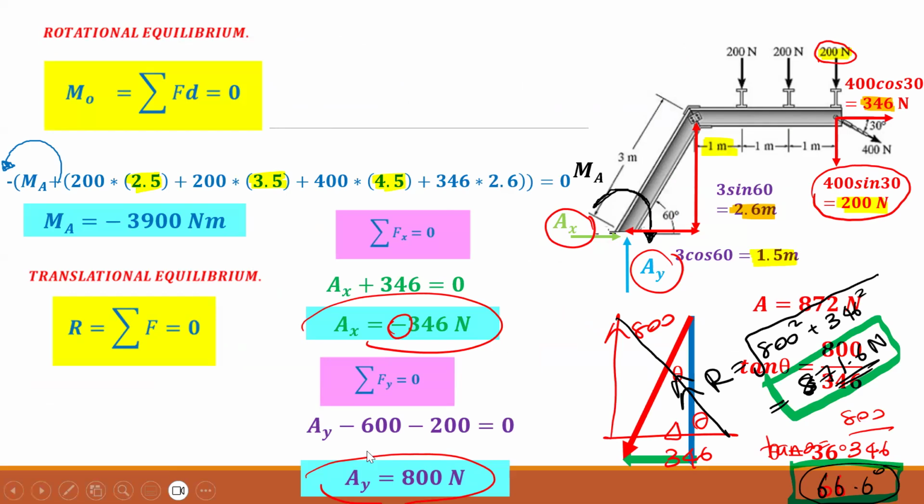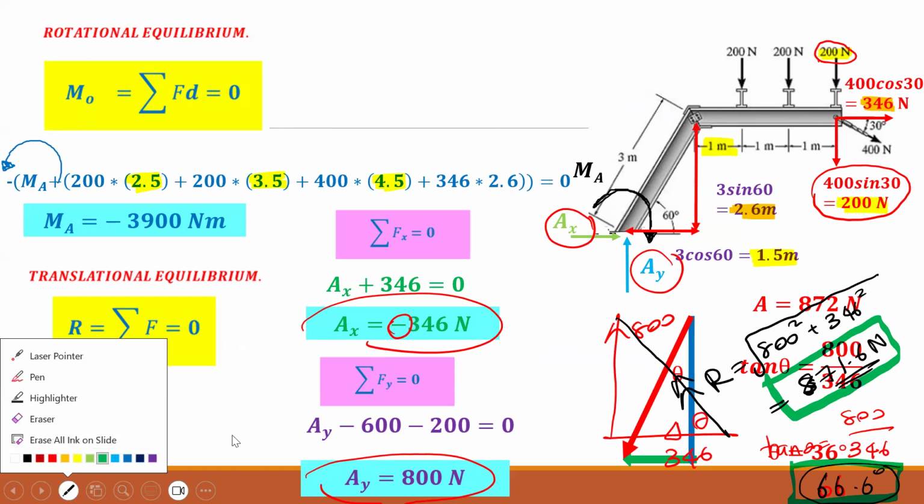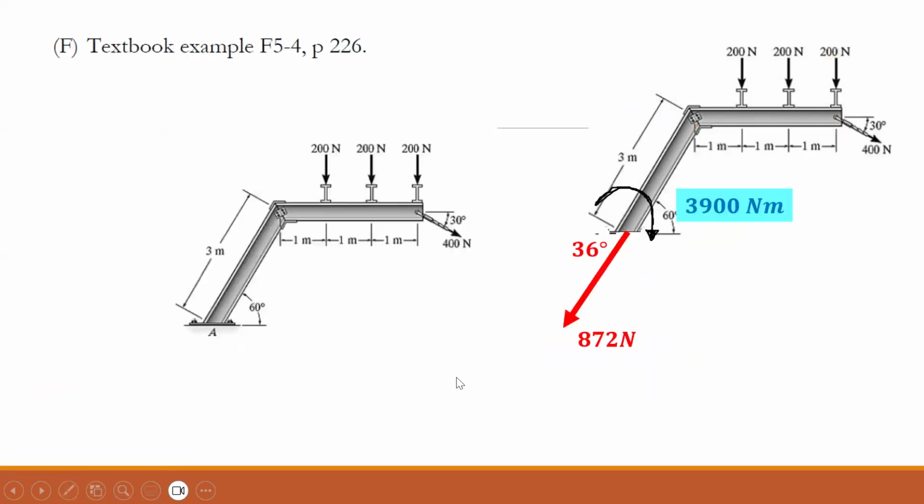This is wrong. Answer is wrong because the direction is this way. Am I right? This angle is 66.6 degrees. So our answer should be like this, 872.